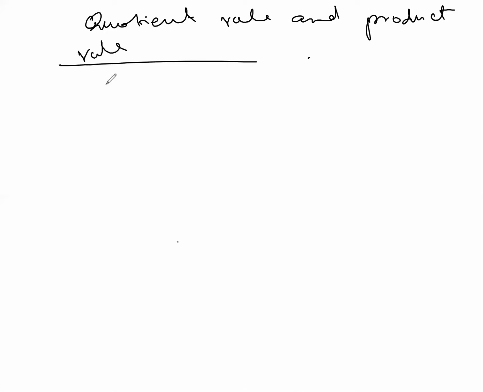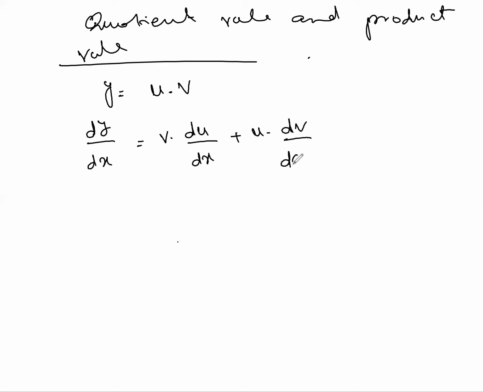When you are given two functions like y equals u times v, then when we take its derivative, first we take the derivative of the u function plus then u times the derivative of the v function. For example, let's say y equals 2x plus 1 and x square minus 1. You can say this is u, this is v. We have a product of two functions.